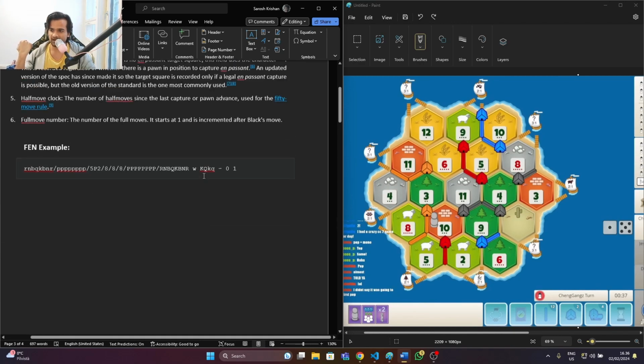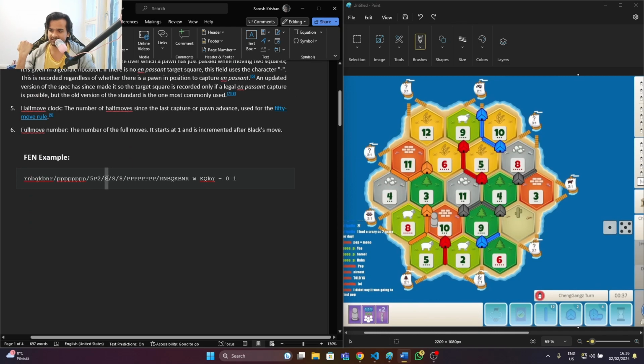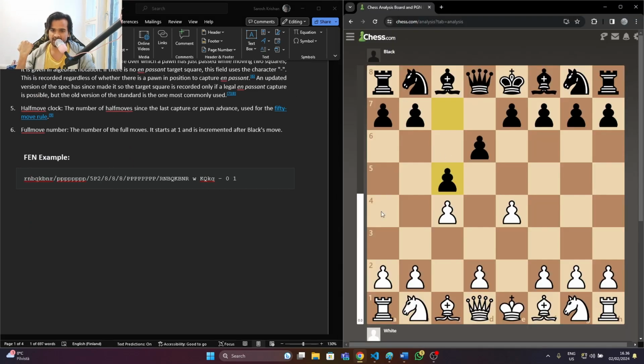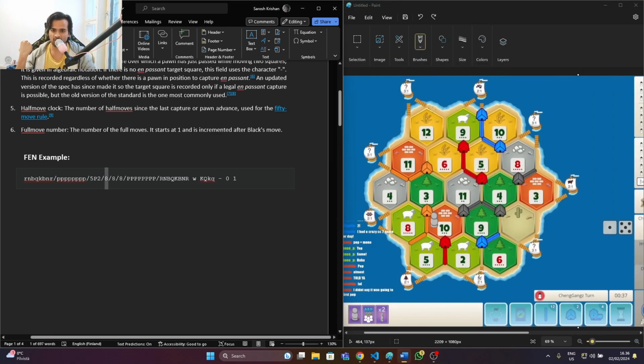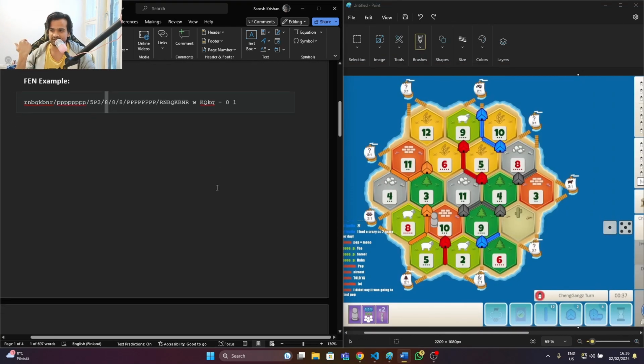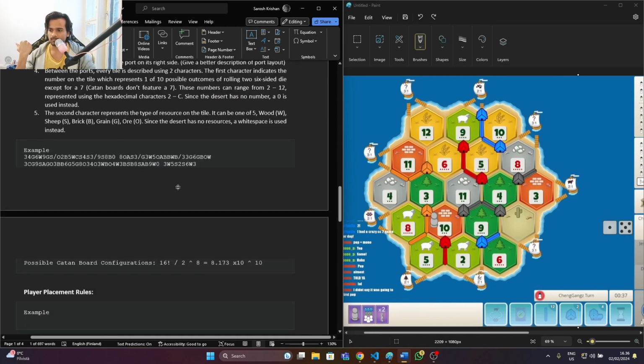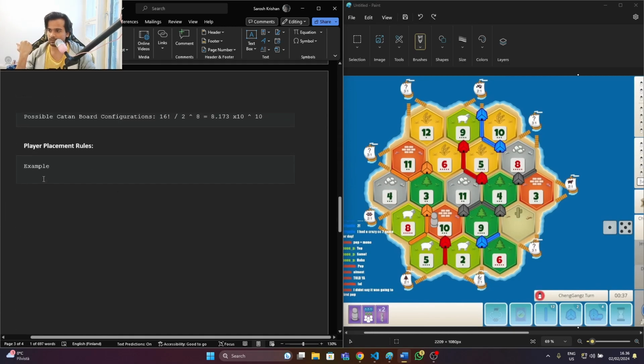Remember how you have this 8 here for all the empty squares? We can use something similar for all the non-road edges available to us. So we can have 1, 2, 3, 4 empty edges followed by a settlement. Let's use an S for a settlement.